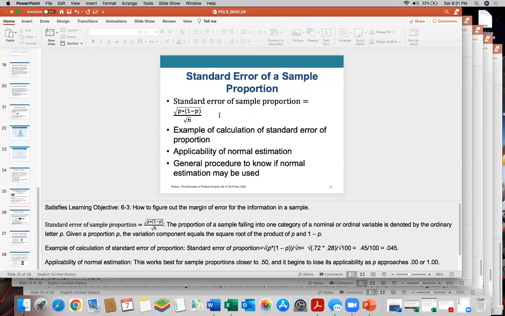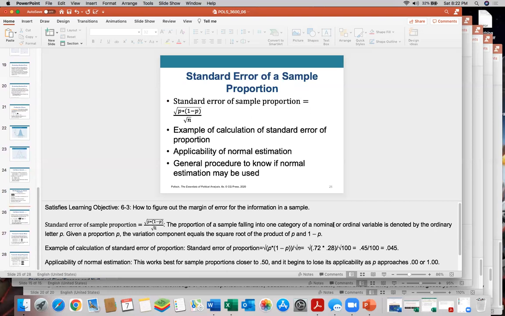All right. So, and then this goes into the proportions. I don't think he's going to have us do this, but if he does, I almost feel like he would give us the formulas, because standard error versus standard error of proportion, and where you're using the square roots and everything.